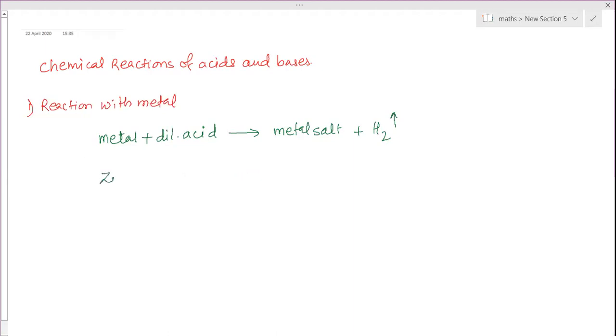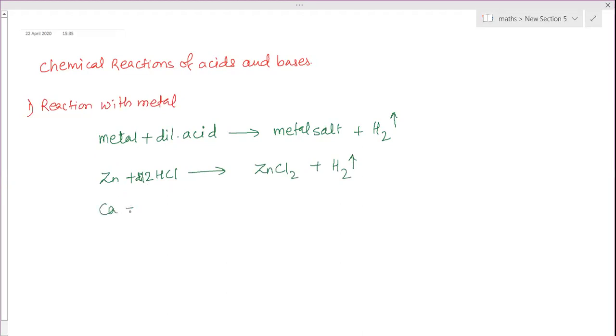Example, zinc combines with hydrochloric acid: zinc plus 2HCl. All are dilute, so we are not writing it actually. When a zinc granule is taken in the test tube and HCl is added drop by drop, zinc vigorously reacts with hydrochloric acid and forms zinc chloride, and hydrogen gas is given out.